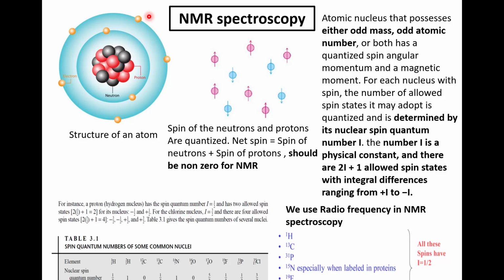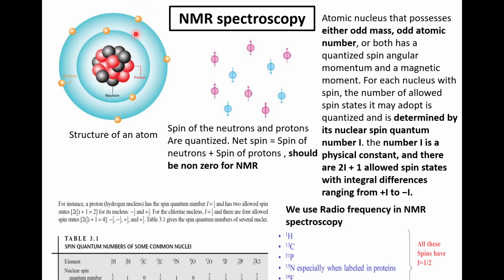It has been observed that when there is an odd number of neutrons or an odd number of protons present in the nucleus, then only this spin matters. Since we know that there are oppositely oriented spins, plus half and minus half, each spin will cancel out the other to give a zero spin, right?